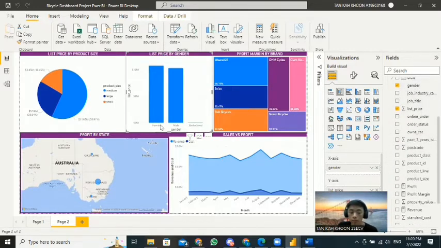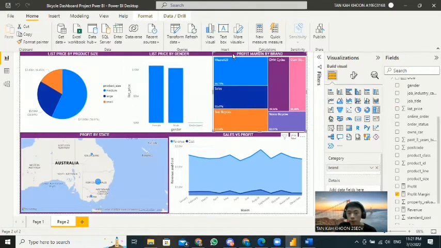We can see that female has a larger value than male. There is also an undeclared column for gender because some people didn't mention their gender.